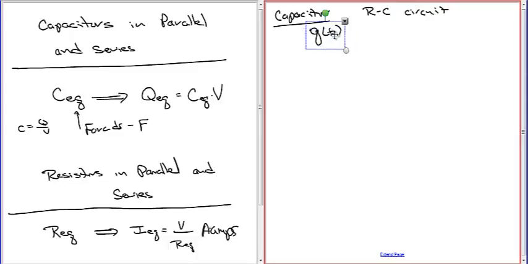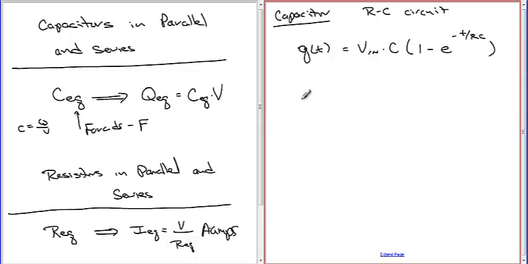So for the capacitor, we saw that the charge was equal to the input voltage times the capacitance times 1 minus e to the minus t divided by RC. And we saw that the voltage as a function of time was equal to the battery voltage times 1 minus e to the minus t divided by RC. So those are the voltages and charge on the capacitor.